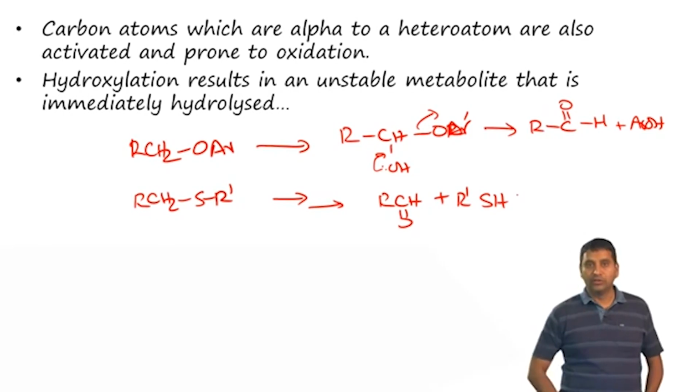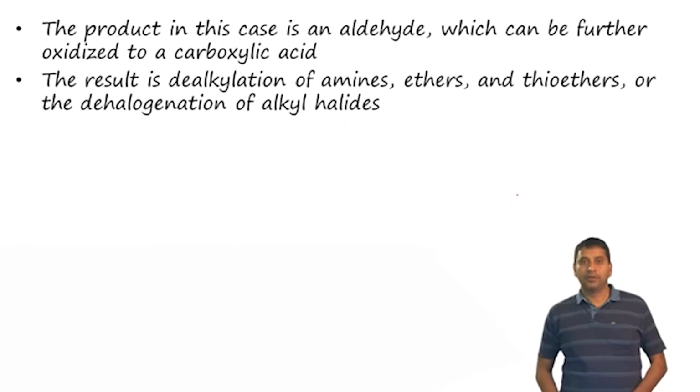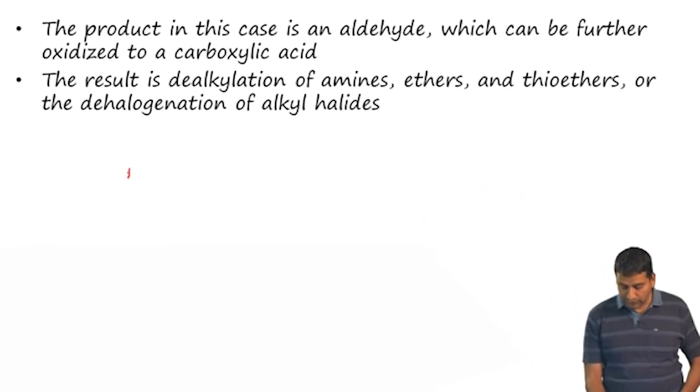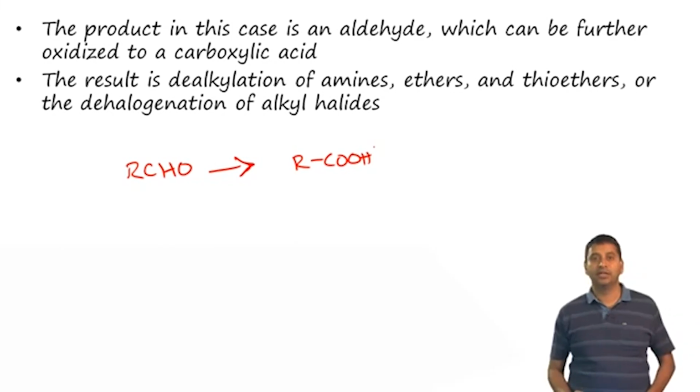Okay. So, this is the other way in which we can do this metabolism. So, the product in all these cases is an aldehyde, okay. And so, we have already looked at that aldehyde can undergo oxidation to produce the corresponding carboxylic acid, okay.